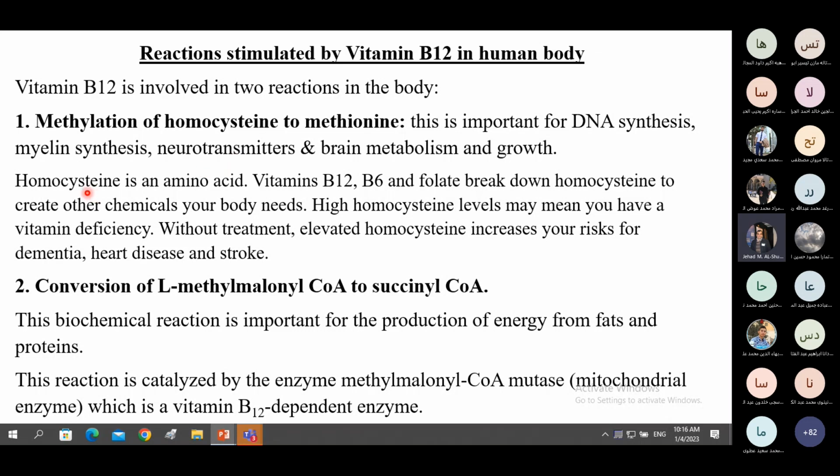Homocysteine is an amino acid. See why homocysteine is important here as an indicator in our body.